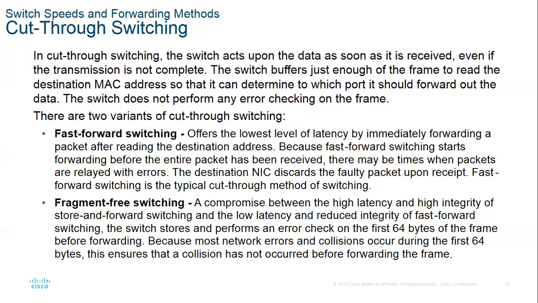Why? Because that is the minimum size of an Ethernet frame, and there is a rule in legacy Ethernet, the first version of Ethernet, that a host should be listening while transmitting over the wire, comparing what it transmits with what it is receiving.